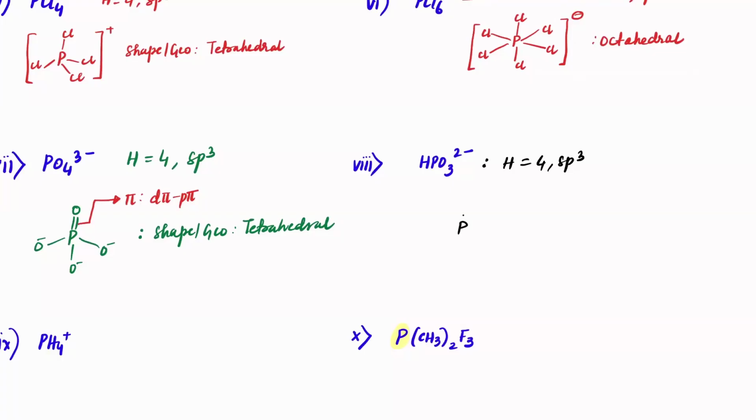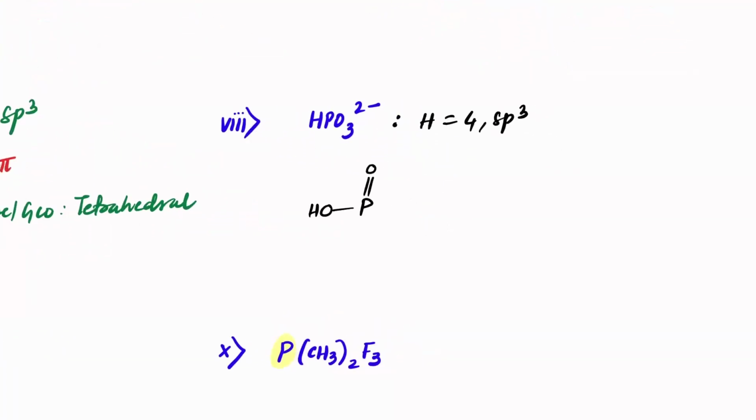So we have P with one double bond O and one OH. See, usually H is not directly connected to the central atom. In most cases, it will be connected via oxygen. But in this case, especially in these two cases, keep the structure in mind.